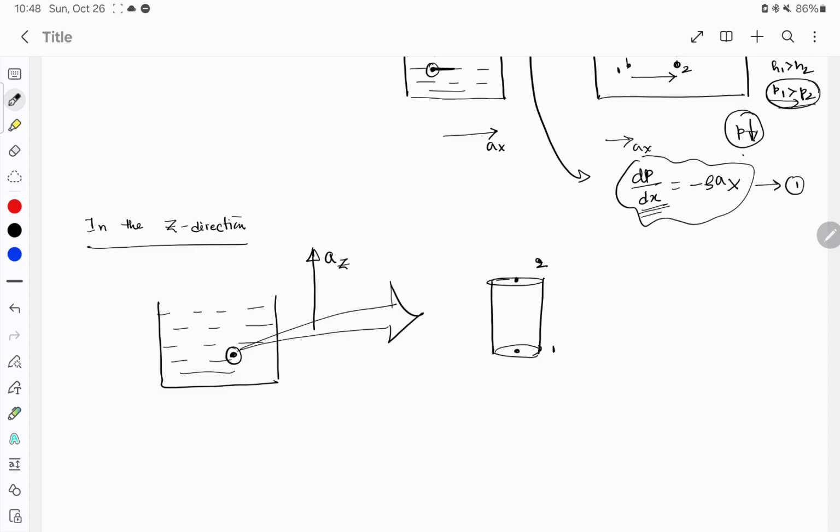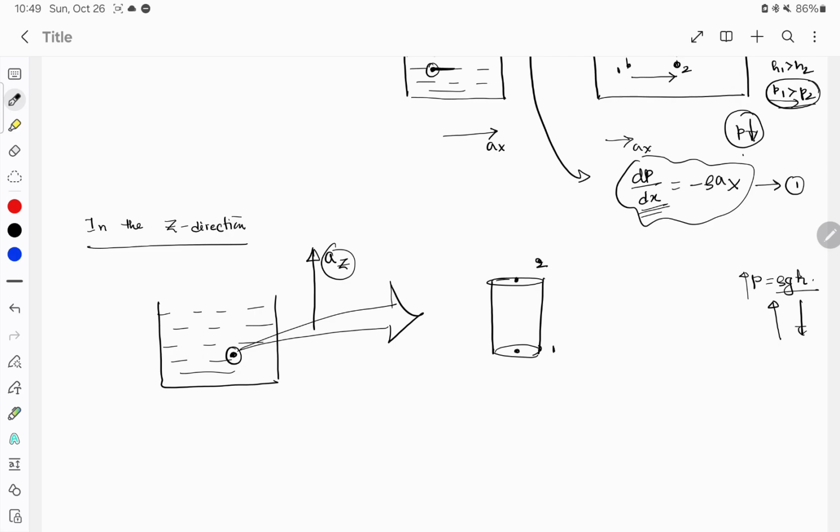Generally when we go from point 1 to point 2 in a static fluid, we know that the pressure increases from below to up, by rho gh, and from up to below it decreases by rho gh. But now it is accelerating, so something else might come out, so we'll do it.